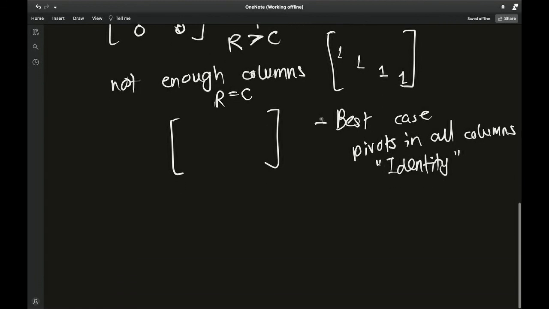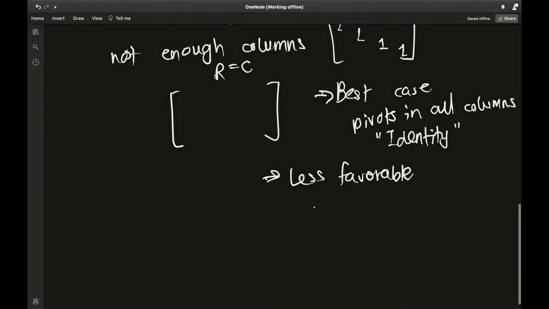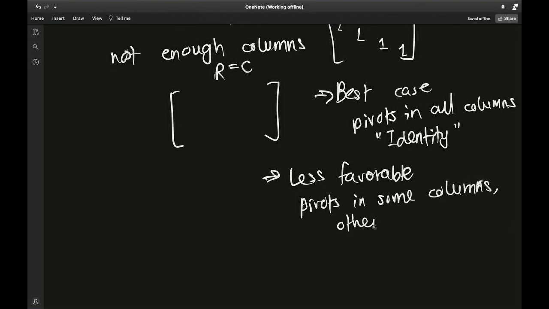That's the best case. A less favorable case, and I'm still saying less favorable because a square matrix is still better than rectangular matrices, is that pivots are in some columns and the others are non-pivotal or free columns.